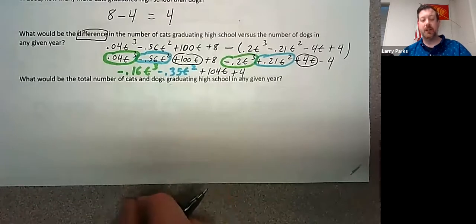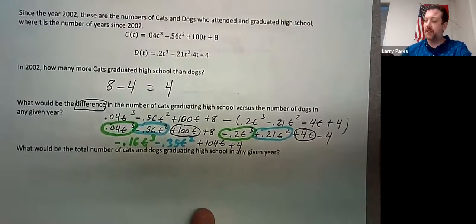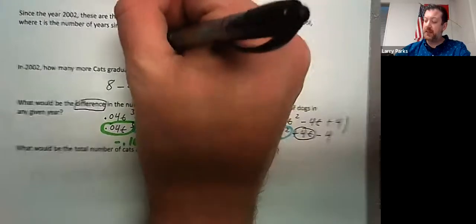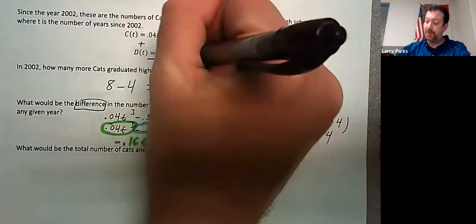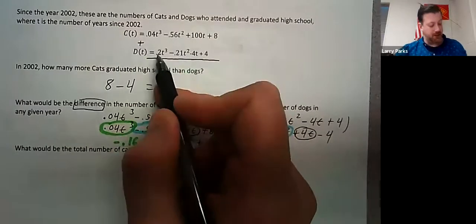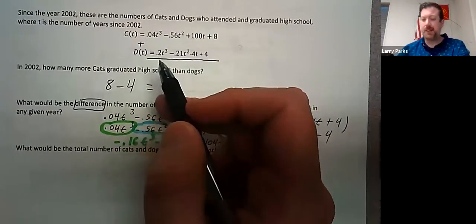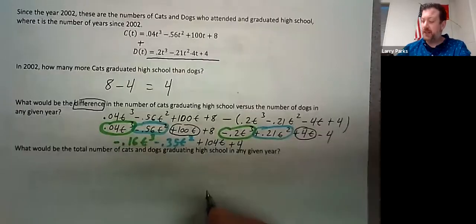And then finally, what would be the total number of cats and dogs graduating high school in any given year? I'm going to add these. And just for sake of time, I'm not going to rewrite this, but I'm just essentially going to add those two functions. So I'm going to take 0.04 plus 0.2. Oh, silly. I don't know why I typed that in. That's 0.24 t cubed.